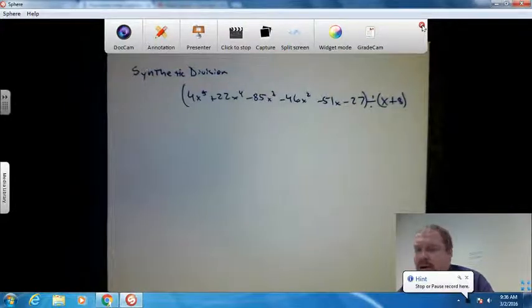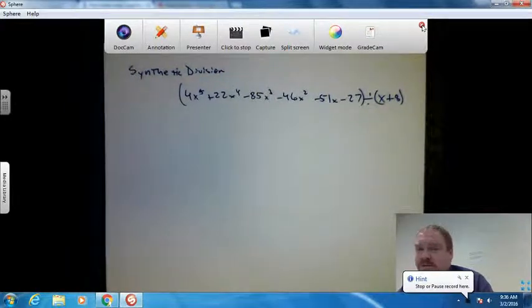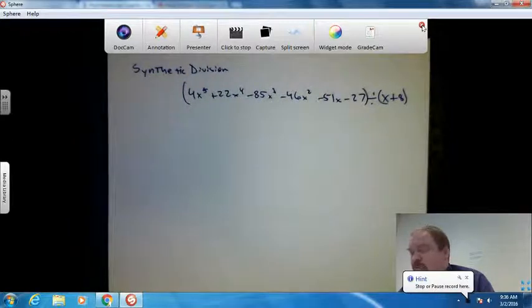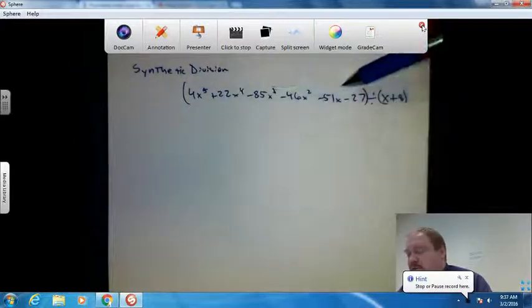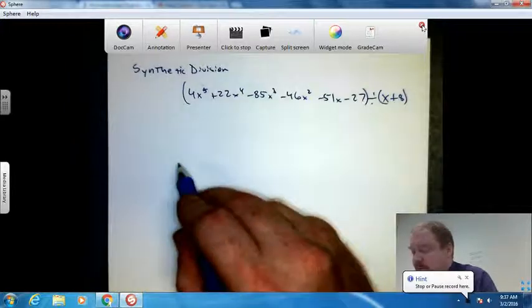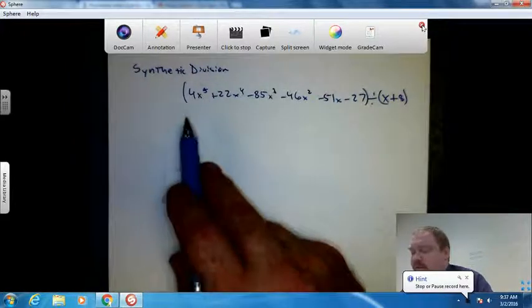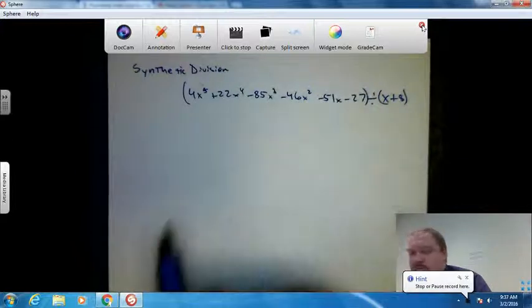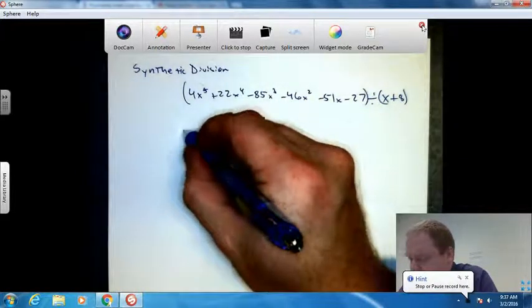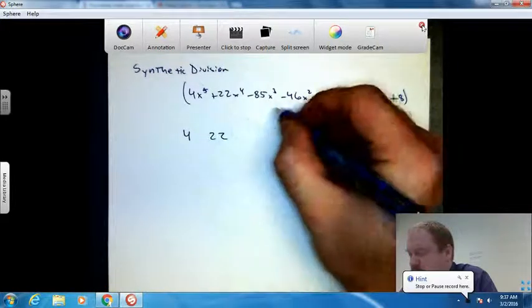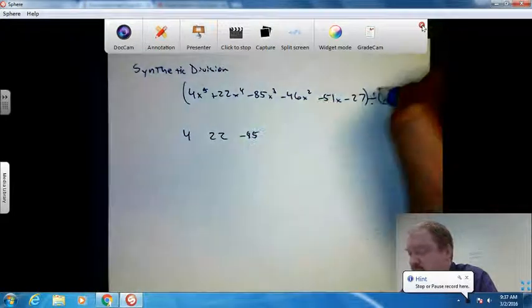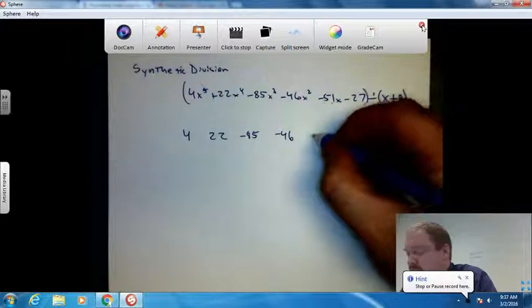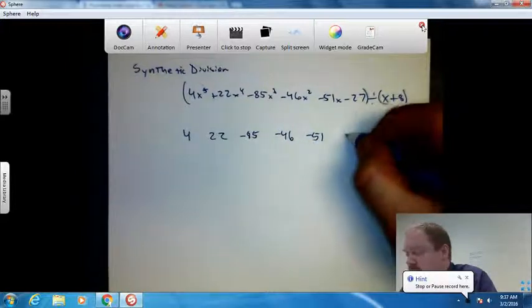All right, so here are the differences. First thing I'm going to do is I'm just going to use the coefficients, and I'm just going to list them. The number one thing we have to remember is the exponents must go down in order. So we have 4, 22, negative 85, negative 46, negative 51, and negative 27.